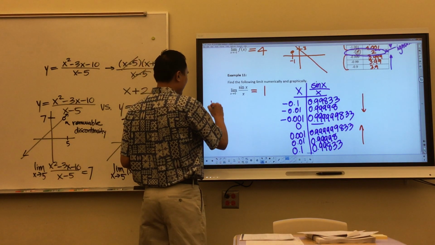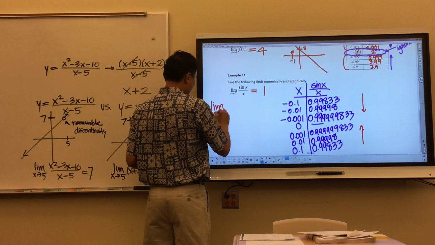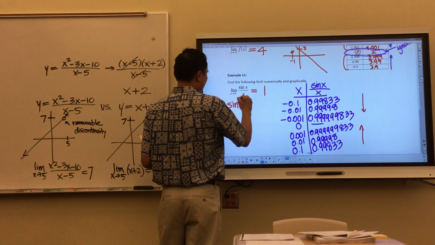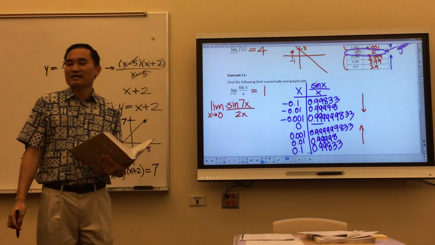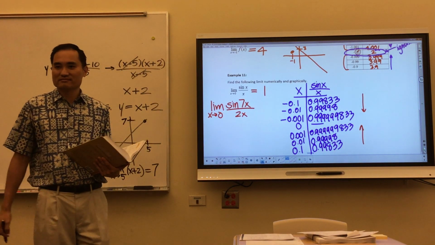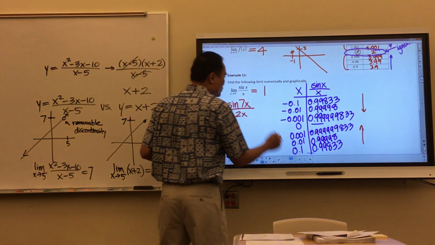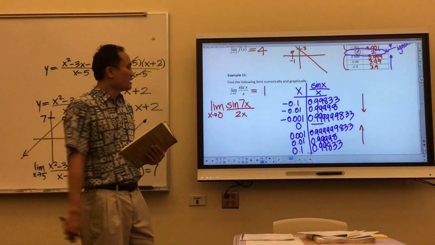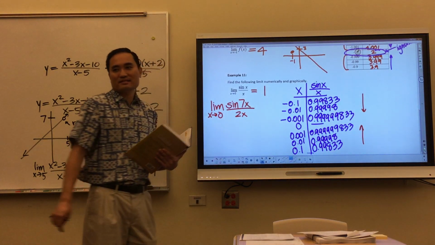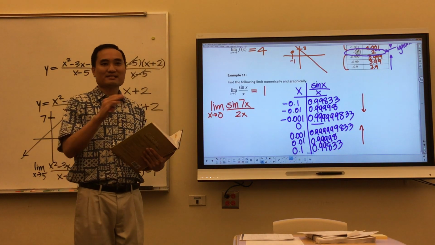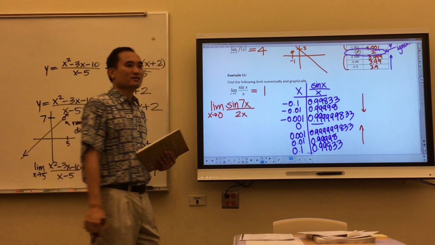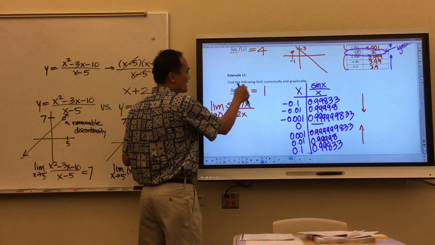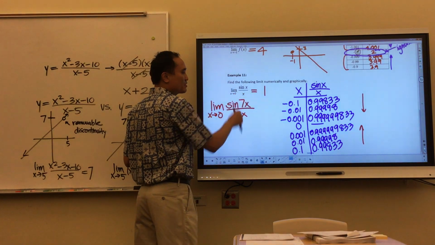Now, a little quick thing right here. And here's why I call it the lima bean. Let's say I have something that looks like sine 7x over 2x. Okay. In order to apply this limit, I need a 7x in the denominator. Because sine 7x over 7x would approach 1. So it's sine of anything x divided by that same coefficient x.